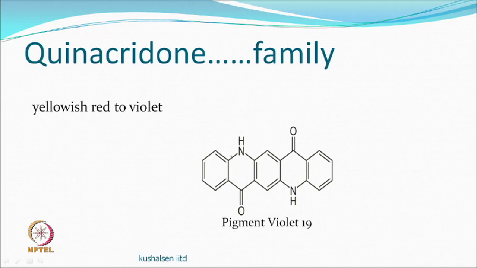So, you have almost 5 aromatic rings connected together, and of course, there is this one part of it. So, you have a carbonyl group which makes this acridone, and so you have a large number of pigments based on this as well.